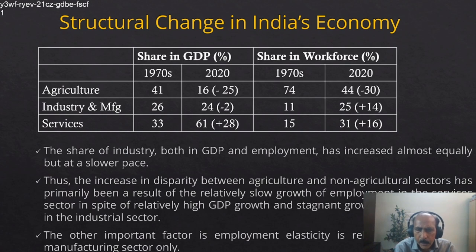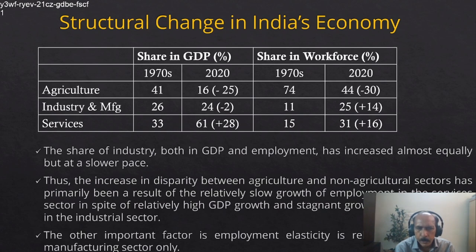Therefore, there was already excess capacity available in the industry and manufacturing sector. When our industrial manufacturing sector has to compete with the world's, it can't compete with reductions in prices. They can't change the prices. The only way to compete with the rest of the world is the reduction in cost. And that's why the industrial manufacturing sector has become more and more capital intensive over a period of time to reduce the cost of production.